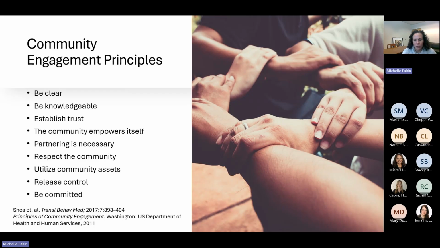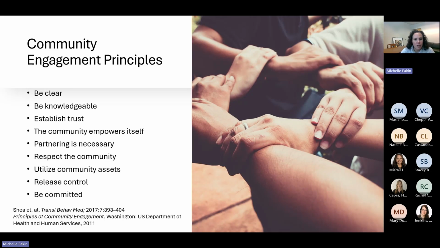And these principles were actually developed by the Health and Human Services in 2011. I don't think there's anything here that is surprising, but I think it's important to highlight that these principles have to come first in our community engagement.